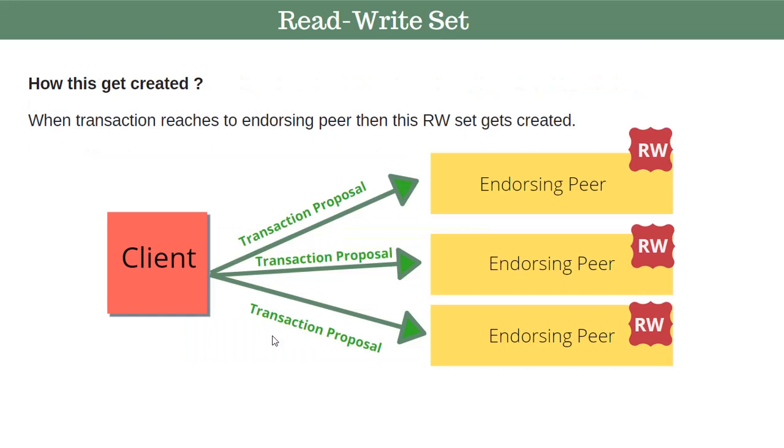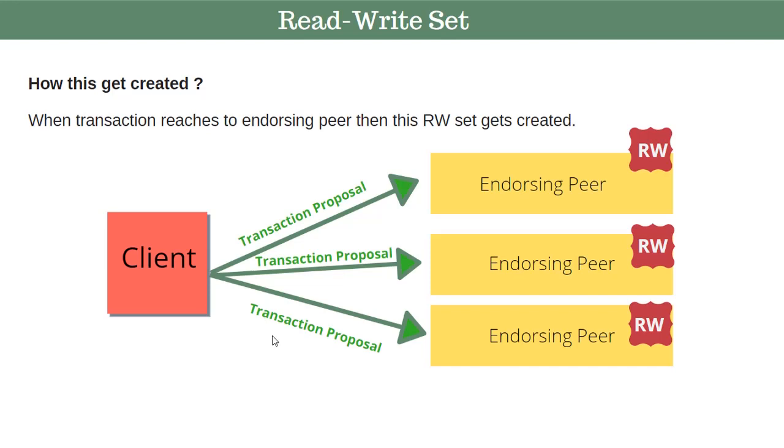Now let's try to understand how this gets created. Whenever a client or an application interacts with your Fabric network, we have understood that the transaction goes to the endorsing peer.